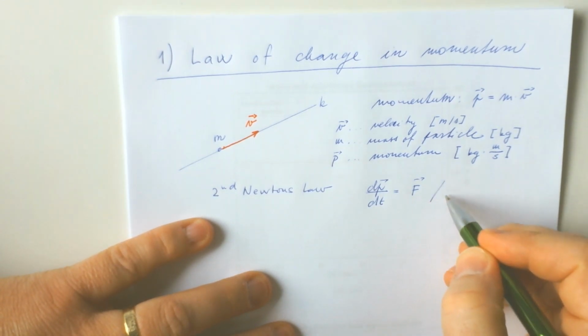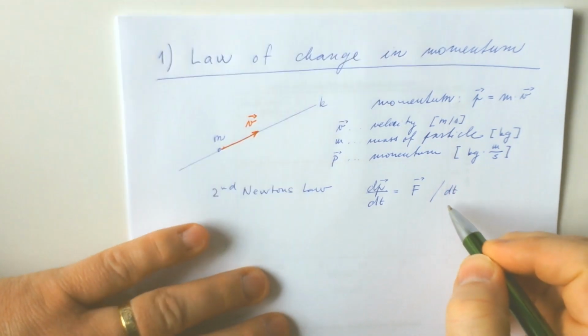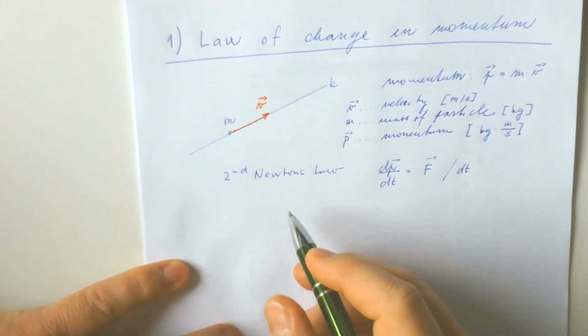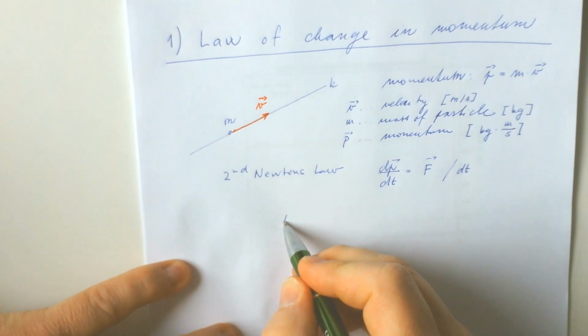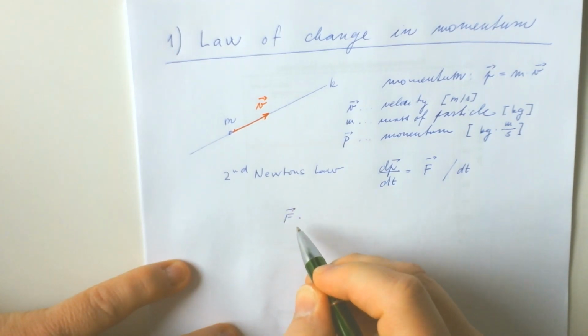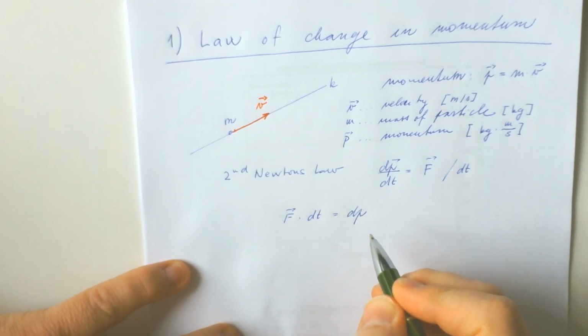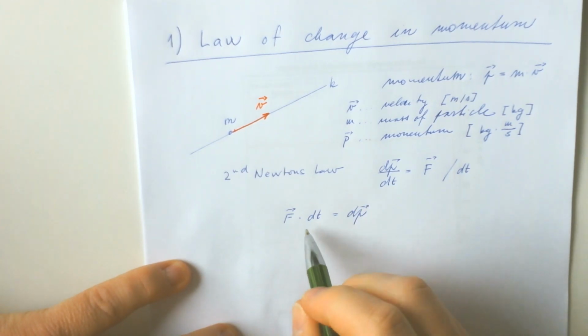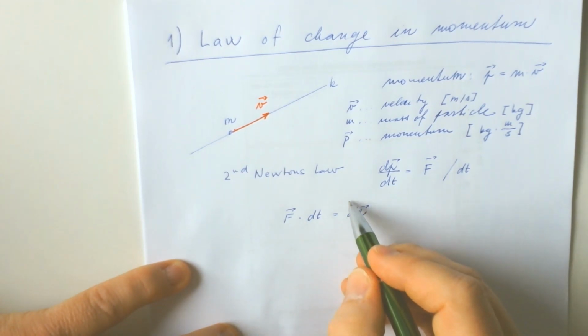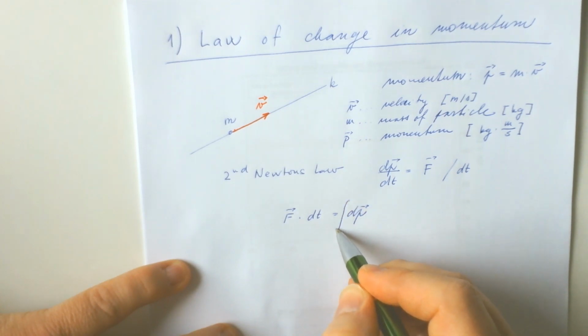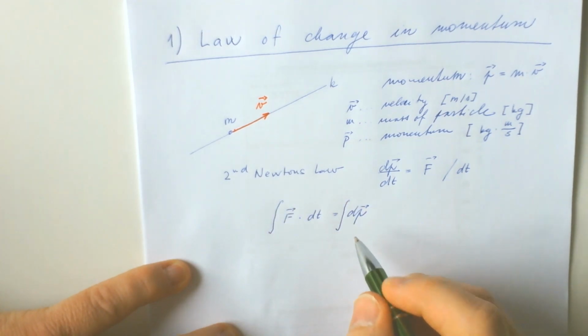If we multiply this equation by element of time dt, we get this equation. F as a force times dt is equal to dp. So it's a differential equation, and we can add integration signs.